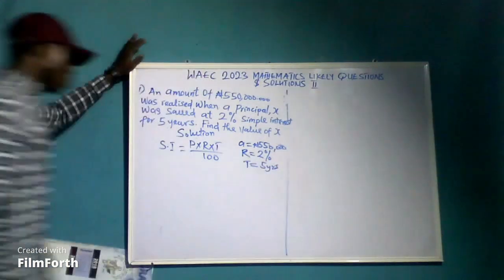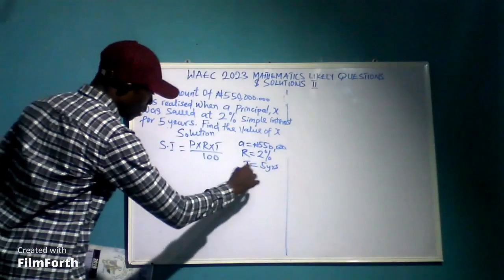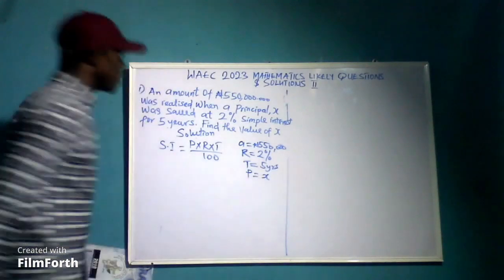Inserting these values, we have P, which is the principal, represented by X in the question.